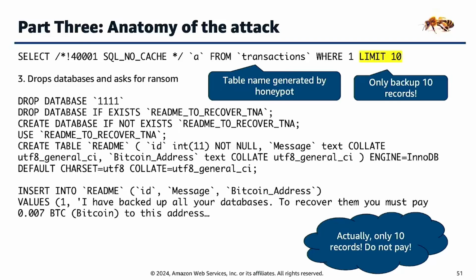Because if they send you a ransomware note, give me whatever number of bitcoins and I will give you the data back, you may ask, prove to me that you have my data. And they will give you 10 records on every table. So that's why they're doing this, right? But they are running mysqldump with a LIMIT 10.